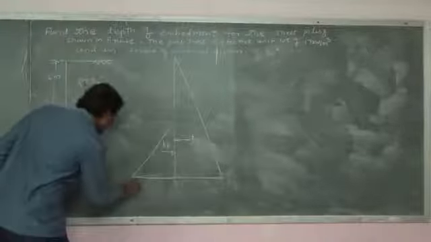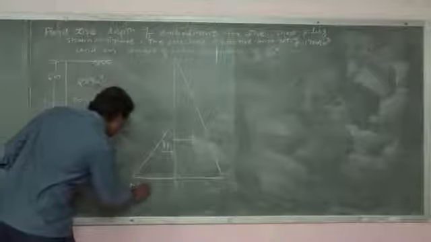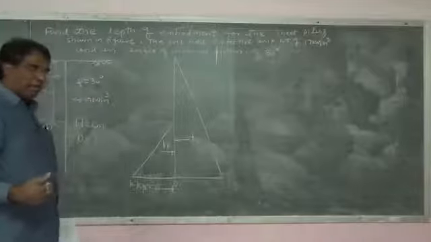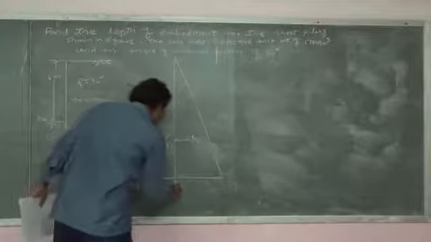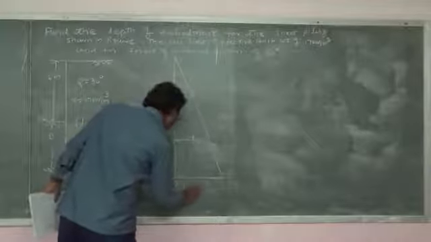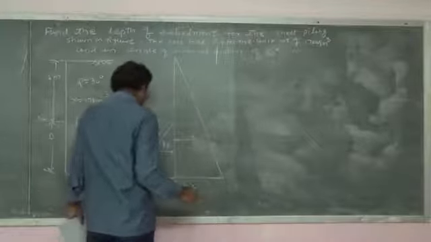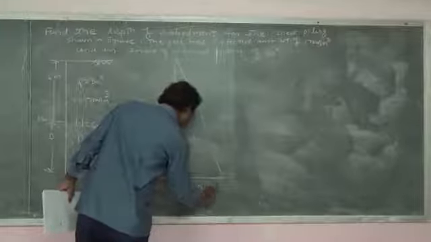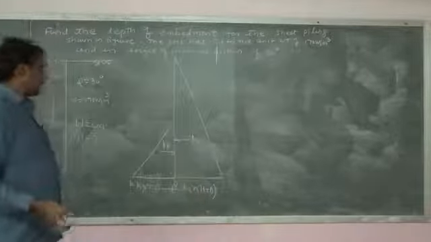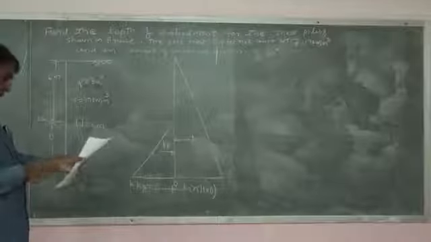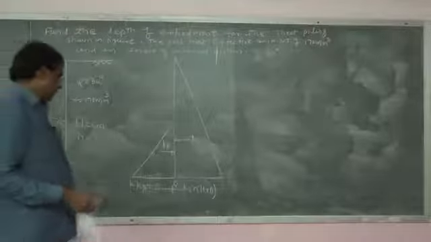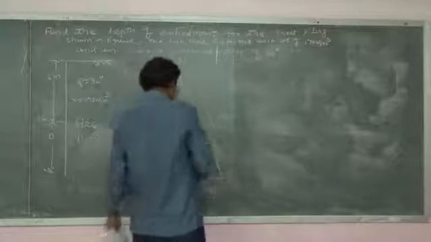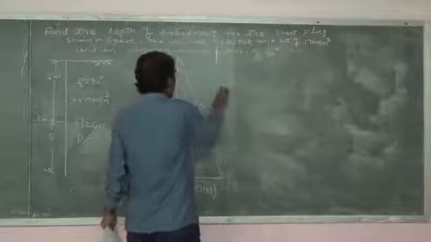So this is given by, as I told you, Kp gamma into D, whereas this is given by Ka into gamma into H plus D. Now first I will calculate this force, that is small pa.